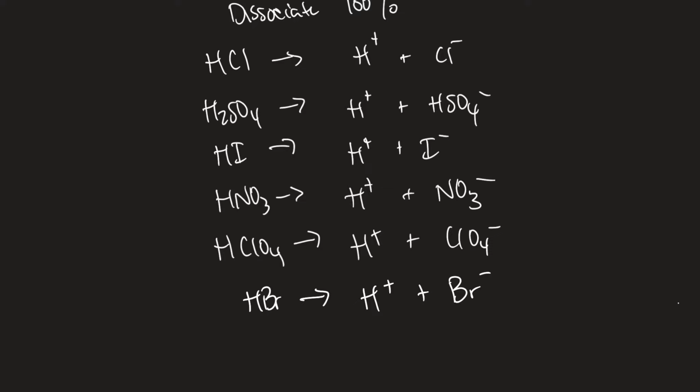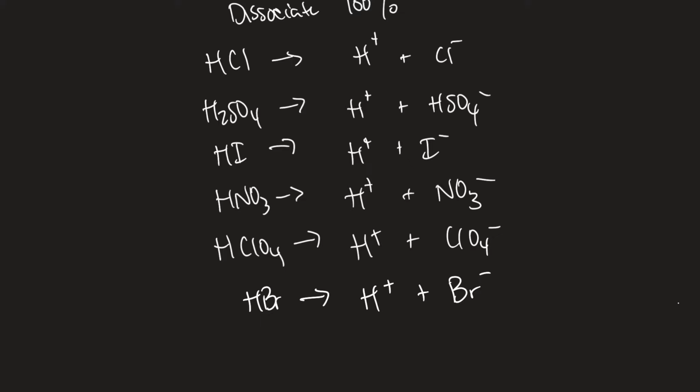It's the ability to donate the proton so easily that makes some of these acids very corrosive, and they could cause serious chemical burns, especially to organic tissues and some other substances. It's just because of their ability to dissociate so easily.